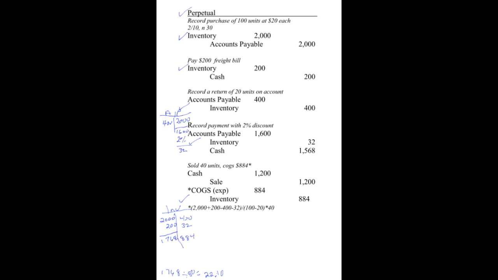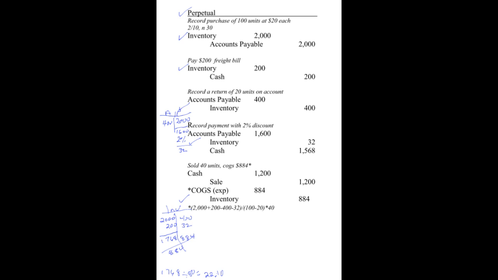So our inventory account now has half left in it. We've sold half, and we have half left. 40 units sold, 40 units left. Notice that our inventory account was kept perpetually up to date. It showed the purchase, it showed the freight, it showed the return, it showed the discount, and it showed the sale immediately. So, how did you do on recording perpetual inventory?